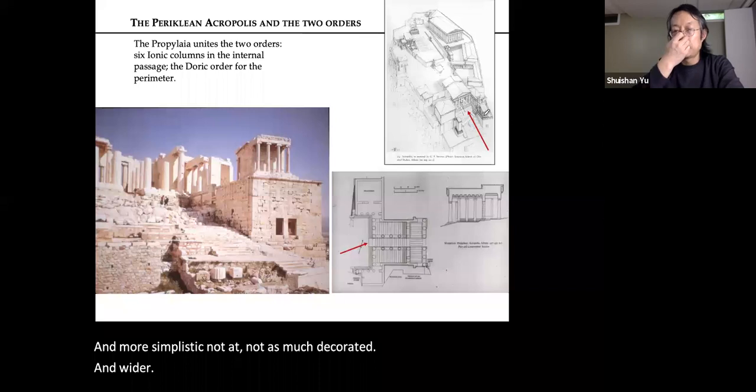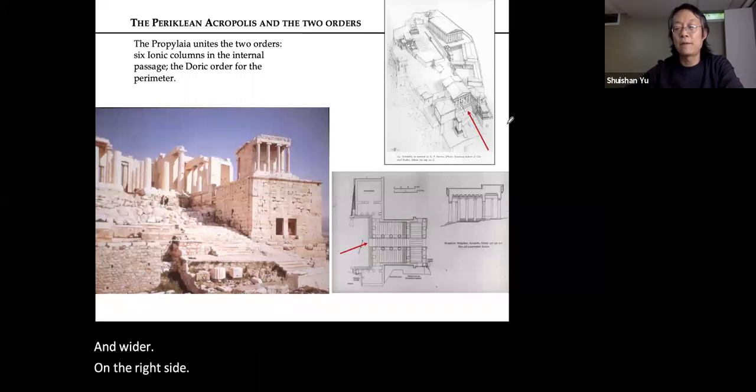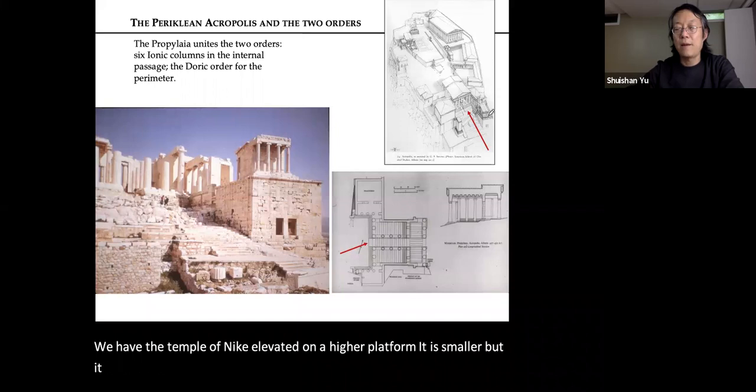On the right side, we have the Temple of Nike, elevated on a higher platform. It is smaller, but it is higher and at the same time more elaborately carved in the Ionic Order.